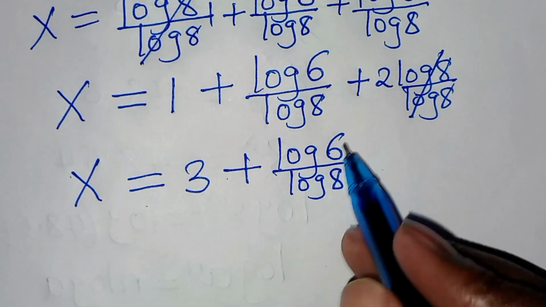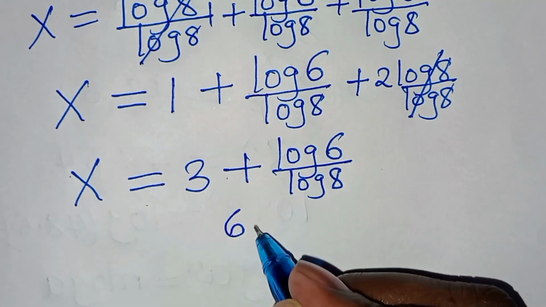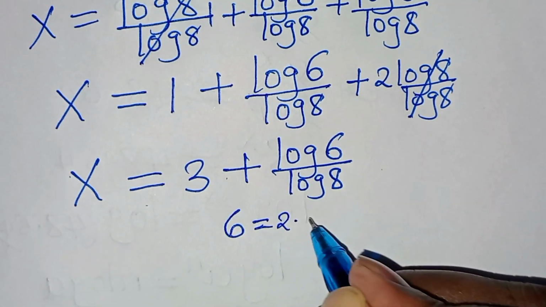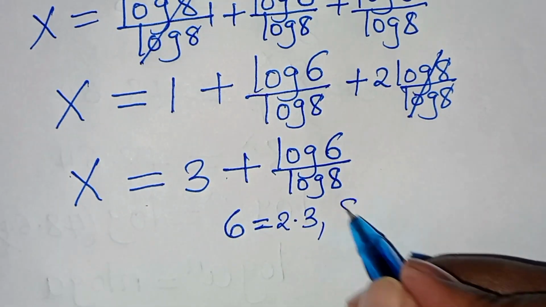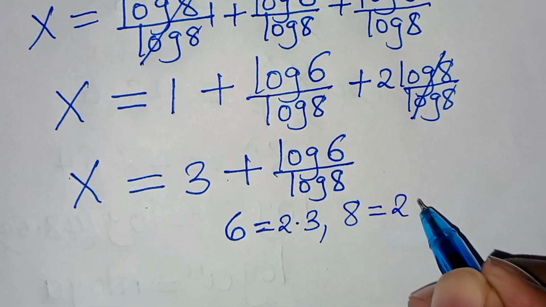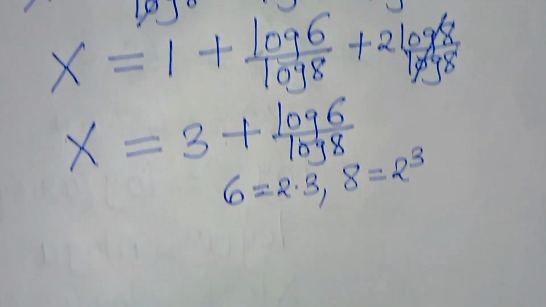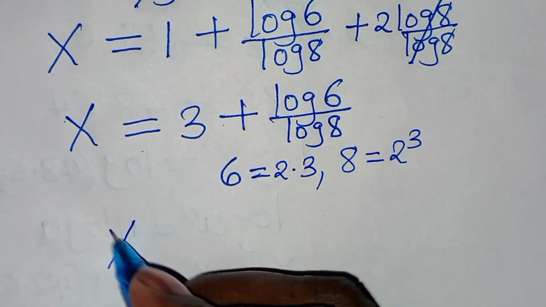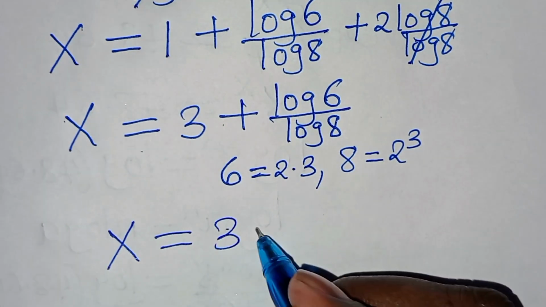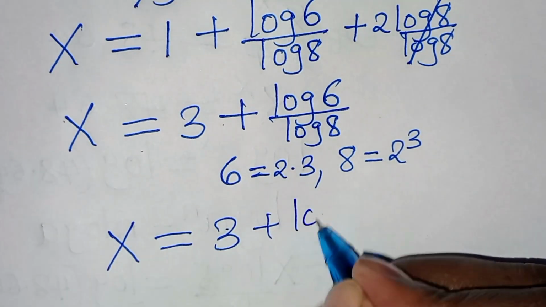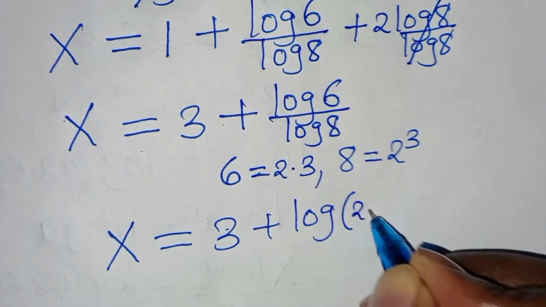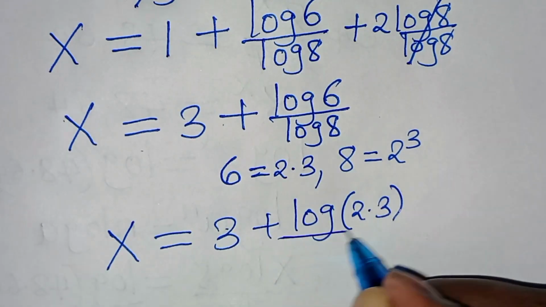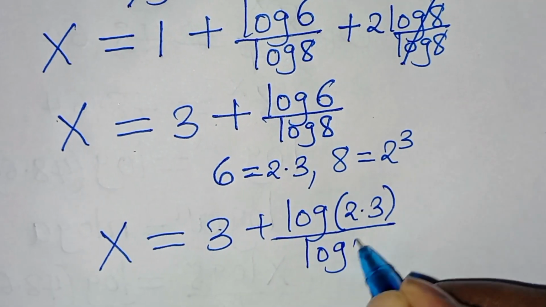Now the next step here is that we can express 6 as 2 times 3, and we can express 8 as 2 to the power 3. Substituting this, we have x equal to 3 plus log of 2 times 3 over log of 2 to the power 3.